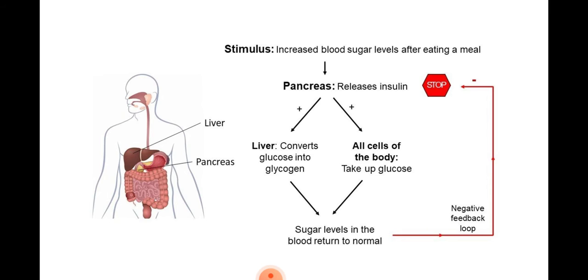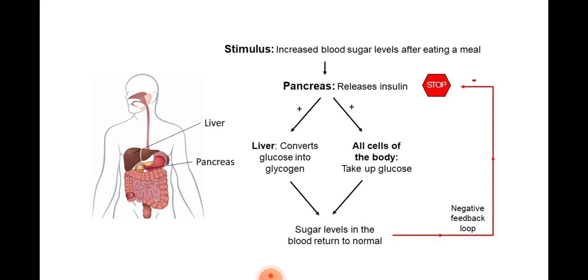So now it is the flowchart of the mode of action of the pancreas or pancreatic hormones. For example, the increased blood sugar level in our body after eating a meal acts as a stimulus that causes the pancreas to release insulin.